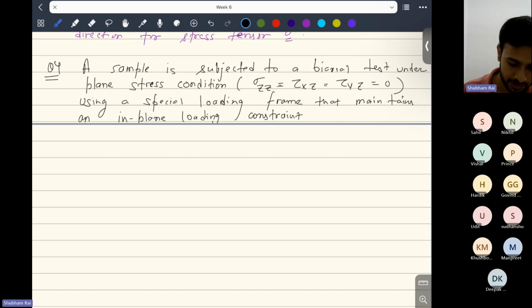And what is that constraint? The constraint is sigma xx is equal to twice sigma yy. Okay.